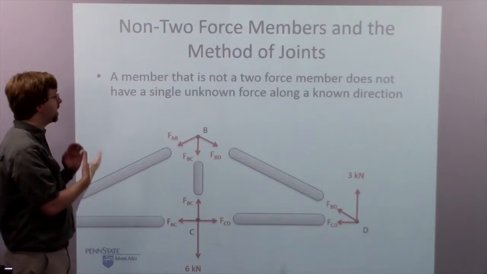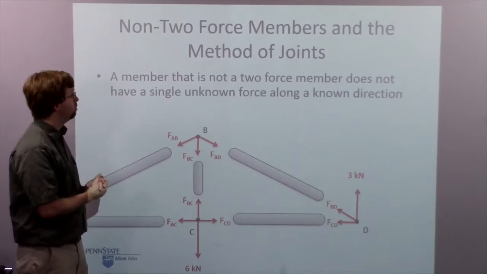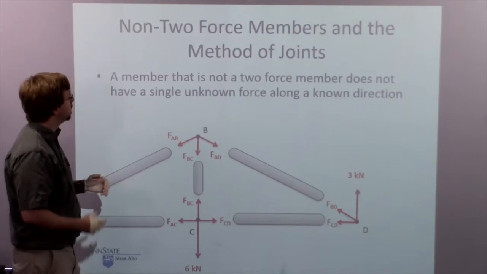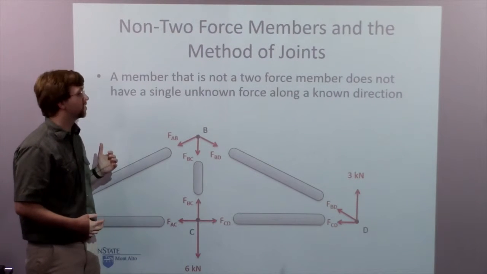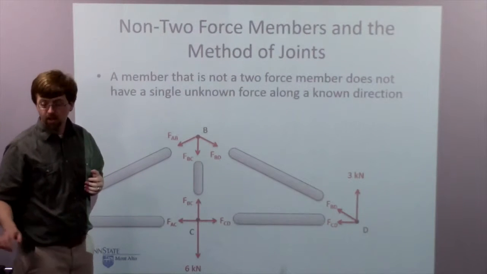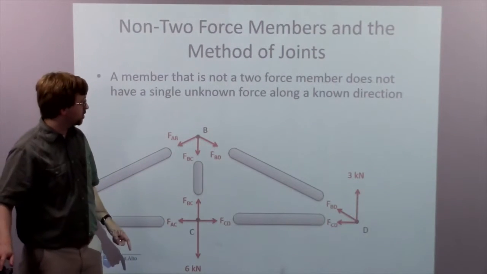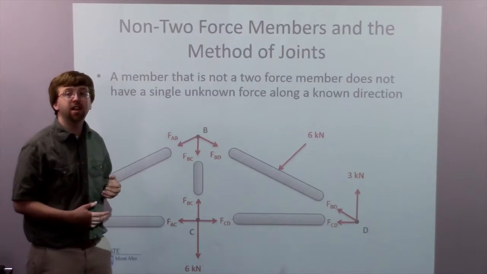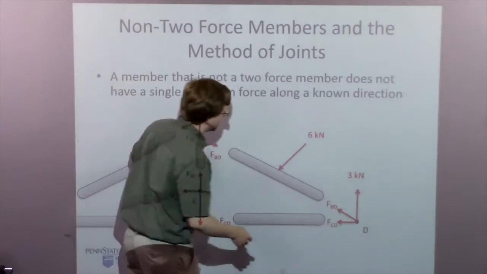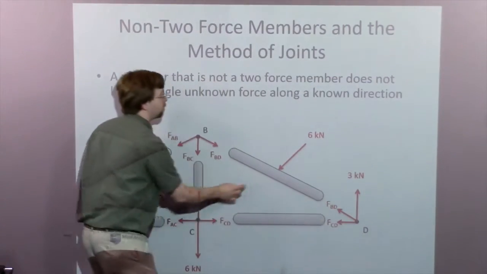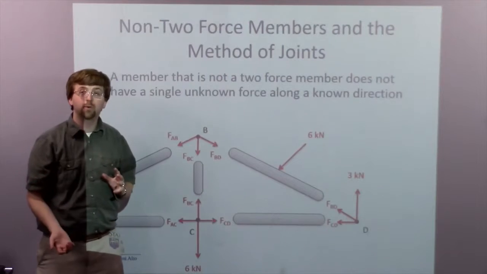Let's look first at the method of joints. A member that is not a two-force member does not have a single unknown force along a known direction. Here, I'm looking at member BD. If I apply a force right in the middle of that, it's now connected here at B, here at D, and has a force in the middle. It's no longer a two-force member.